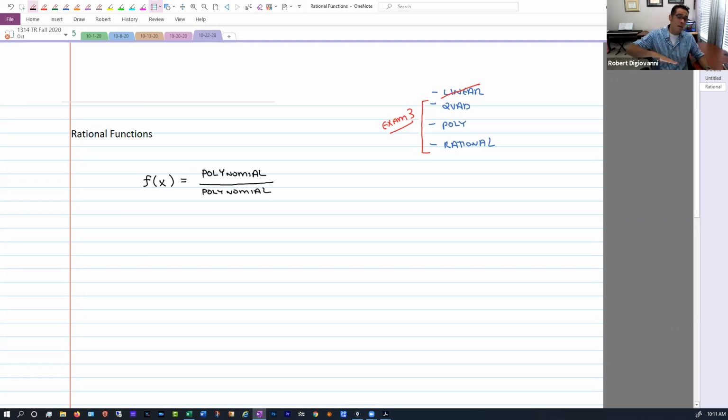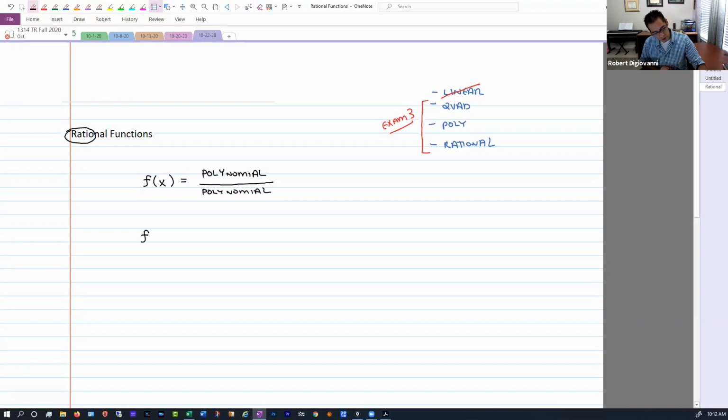So it's not just a polynomial by itself. You're taking a polynomial and dividing it by another polynomial. You're creating a ratio of two polynomials, which is why we call them rational functions. It comes from this word ratio, ratio meaning fraction. So this is a fraction made of polynomials. All right, let's take a look at a couple of examples of rational functions.